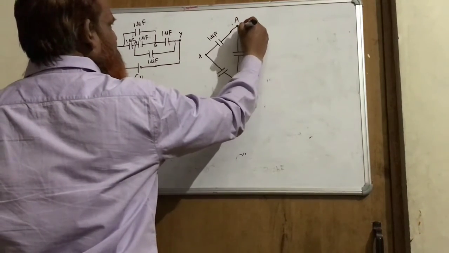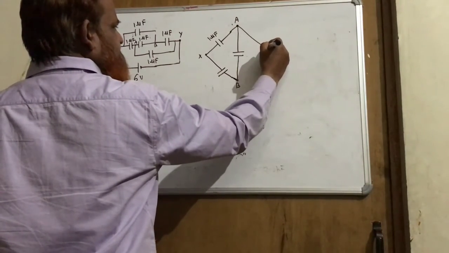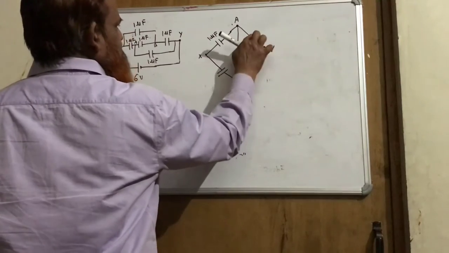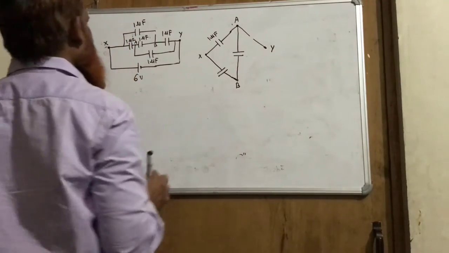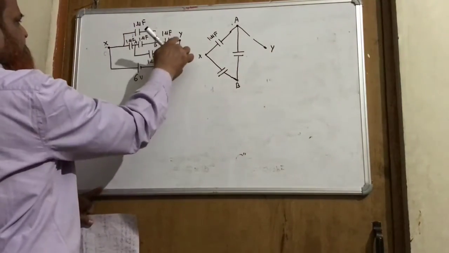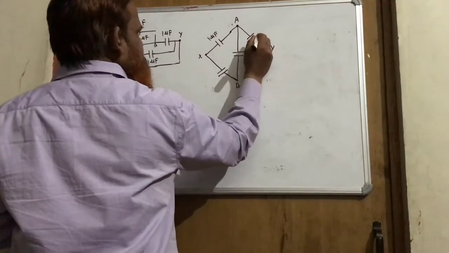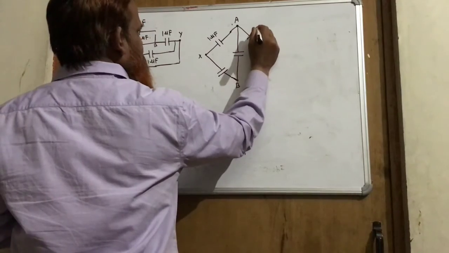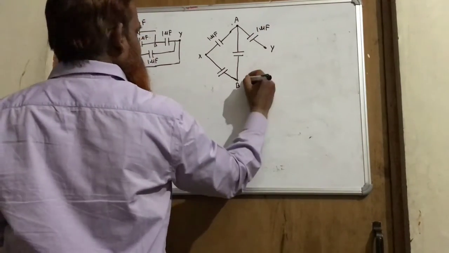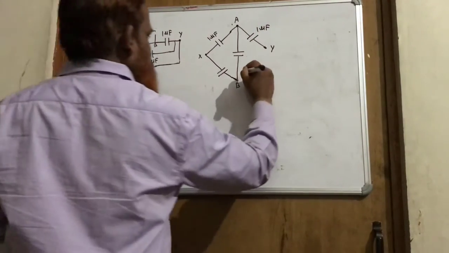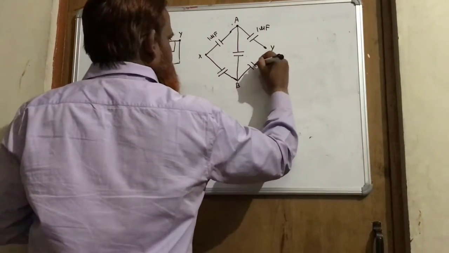And another point here is Y. Between A and Y there is another capacitor of 1 microfarad, and between B and Y there is again a capacitor.